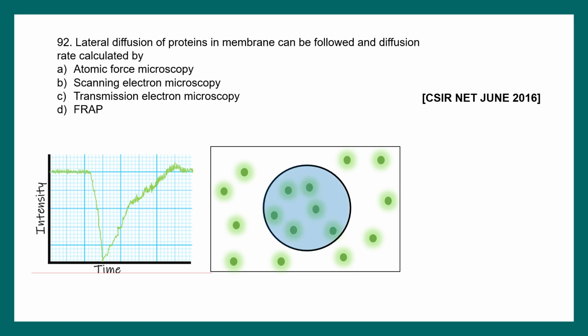You bleach a portion of the membrane and try to understand how this portion is recovered by dynamics from nearby molecules. If the nearby molecules diffuse into this region, you can understand the membrane fluidity is high, and also you can monitor this over time to calculate the recovery profile and the diffusion rate. So FRAP is the correct answer.